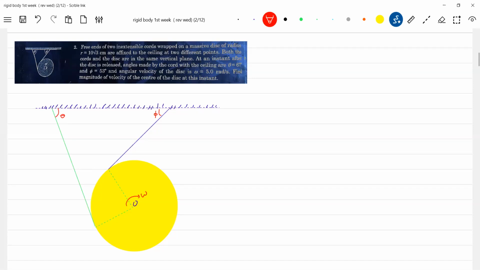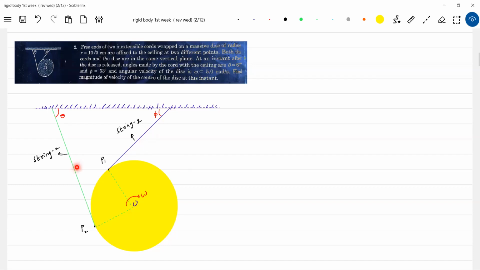And what are these? They are strictly strings. So I think unless you focus on this, not possible. This is string one. This is string two. Hope everyone now you are able to see. Okay, let me call this point P1 and let this be P2. So the moment you release the disk, what is the state of these strings? Mechanics. If you have any string connected to a rigid body, and if it is in motion, just ask what is the state of strings?